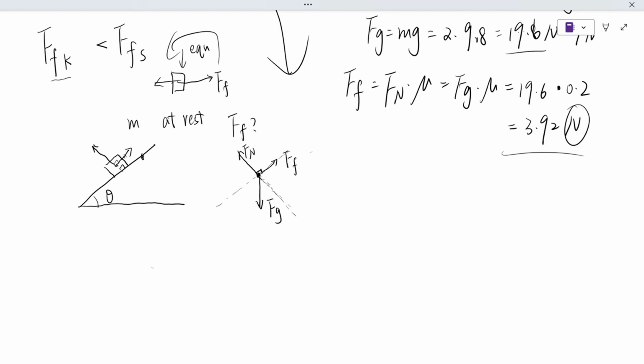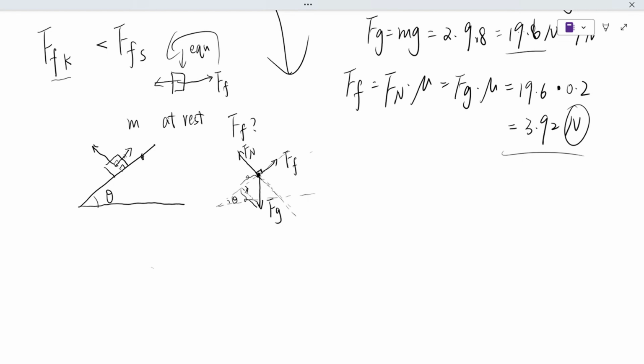How do we break it down? Let's draw a perpendicular line, a dotted line, to the Ff direction. Then this is one of the components, and this is another component. And then how do we know the angle? Because Ff is parallel to the surface, this is actually theta.